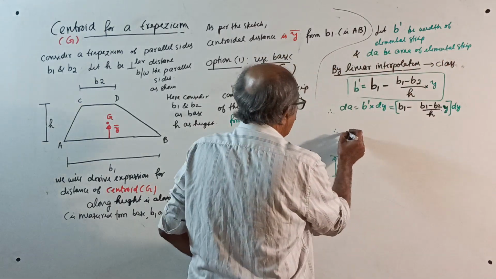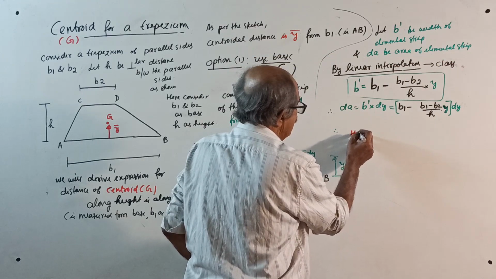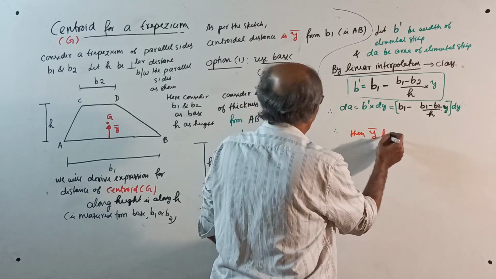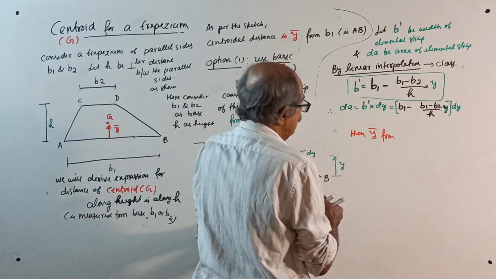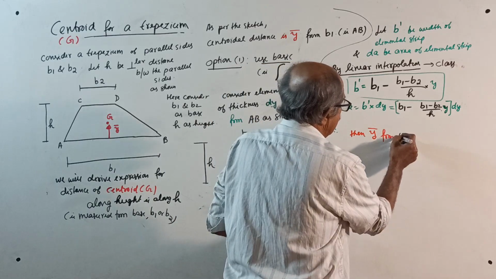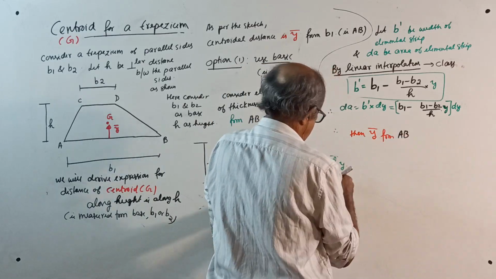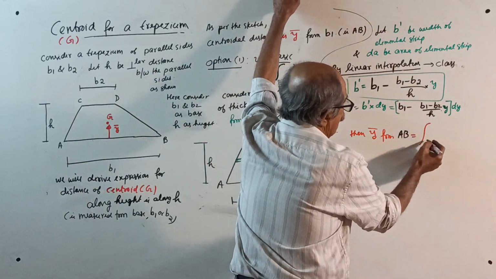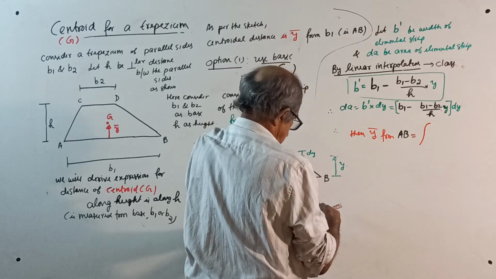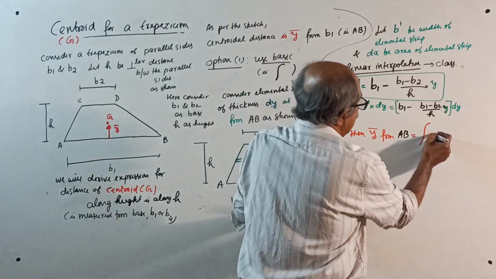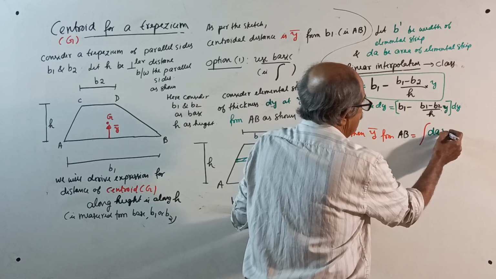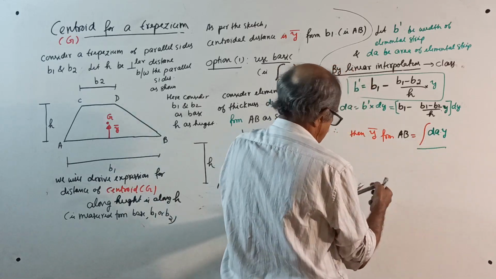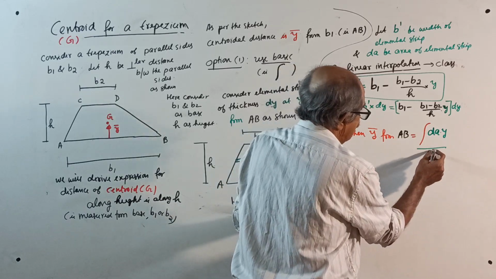Then y bar, from where you are doing? We are doing from AB. Y bar from AB is equal to integration of dA into y divided by total area.